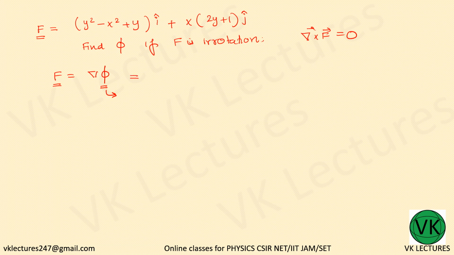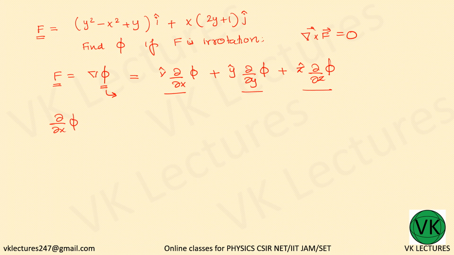Del phi is equal to x cap dou by dou x of phi, which we don't know, plus y cap dou by dou y of phi plus z cap dou by dou z of phi. So for each term you will get one value of phi, correct? Let us take the first term, dou by dou x of phi.